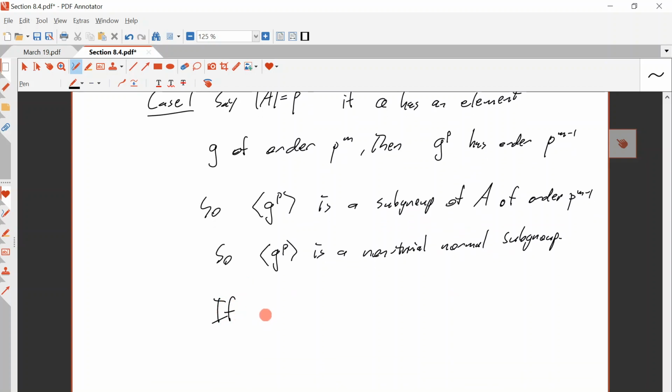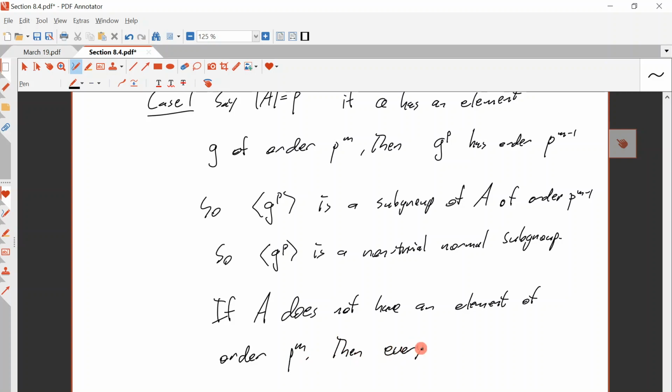If A does not have an element of order p to the m, then every non-identity element g in A yields a non-trivial subgroup generated by g.